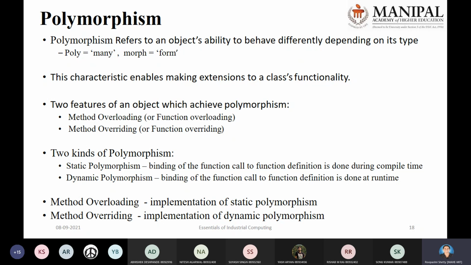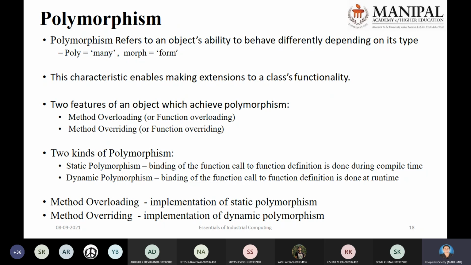And there are two features of polymorphism. Basically, they are method overloading and method overriding, and they are very, very important concepts of OOP. And there are two kinds of polymorphism: static polymorphism and dynamic polymorphism. The type of polymorphism is decided based on the time when the function call is bound to the function definition. If it happens during compile time, then the polymorphism is static.